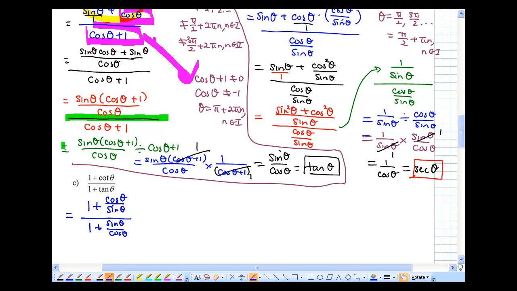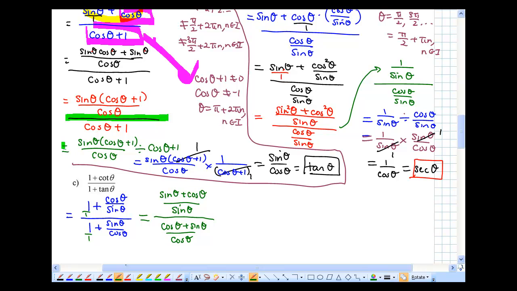So in this example, I'm going to ask us all to try and rewrite them, at least the numerator, with sine theta as my denominator. And then for the bottom, I think let's use cosine theta. Remember, 1 is just 1 over 1. So the numerator I have here is sine theta plus cosine theta over sine theta. And on the bottom I have now cosine theta plus sine theta over cosine theta. Well, you might be thinking to yourself, that's kind of nice.